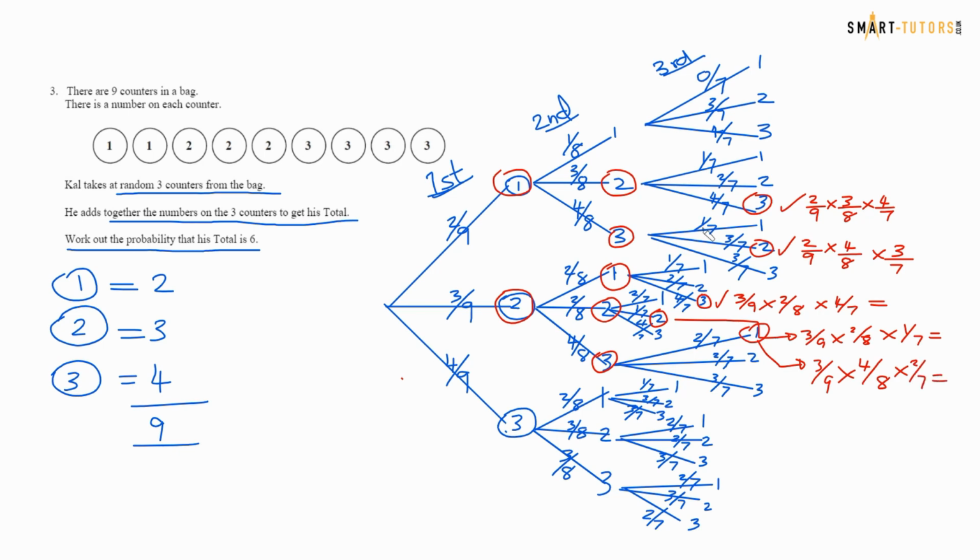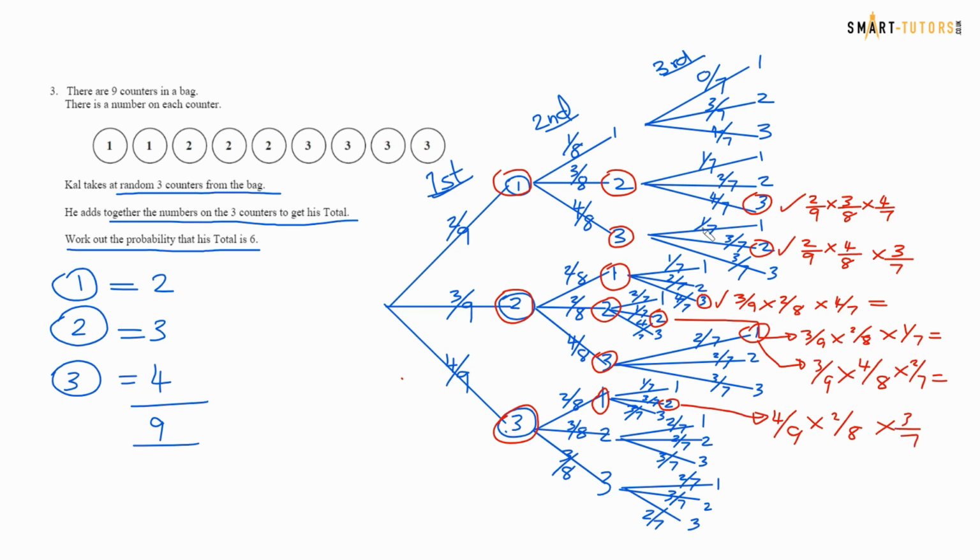That can come. So 2, 3, 5, 7, 5, 8 cannot come. Right, that is over. 3, 1, 1 is 5. 3, 1, 2 can come. So 3, 1, 2 is 4 upon 9 times 2 upon 8 times 3 upon 7.